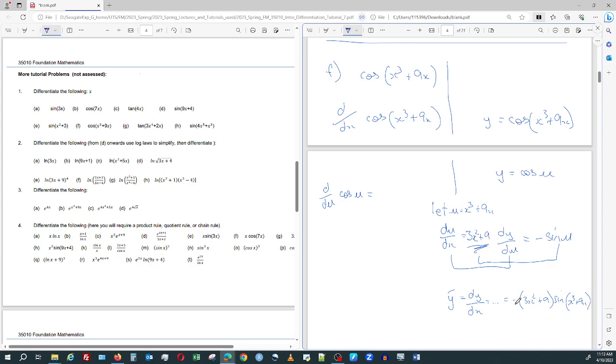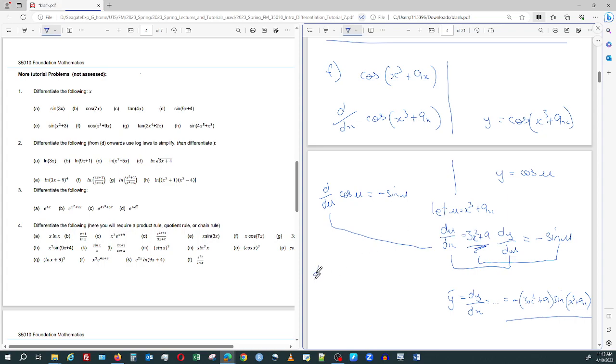So they look like a lot, don't they? I've just put the minus and the algebraic term out the front for convenience sake. So here it's the same thing. This will be minus sine u. So we're putting this chain together with this, du dx.